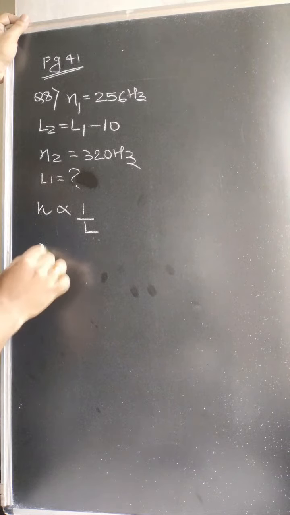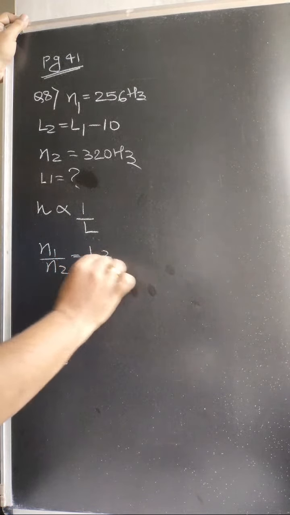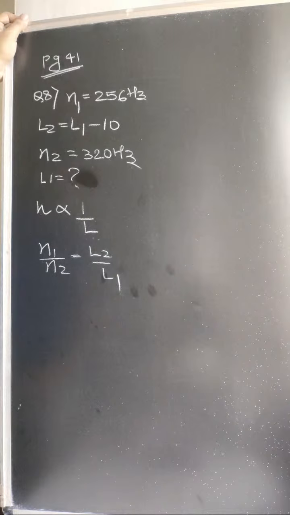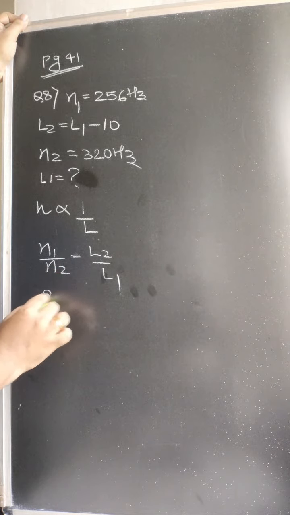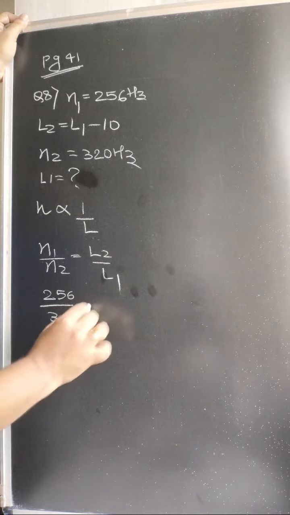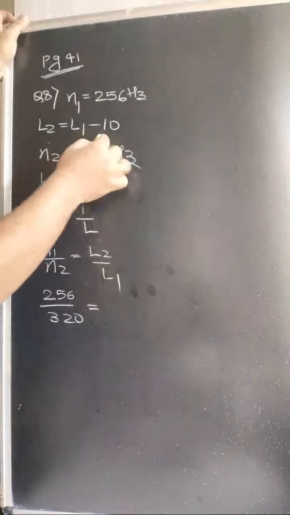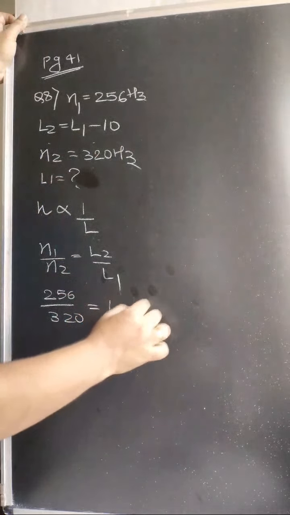So we can say N1 upon N2 is L2 upon L1. N1 is 256 upon 320 is equal to, instead of L2 we can write L1 minus 10.